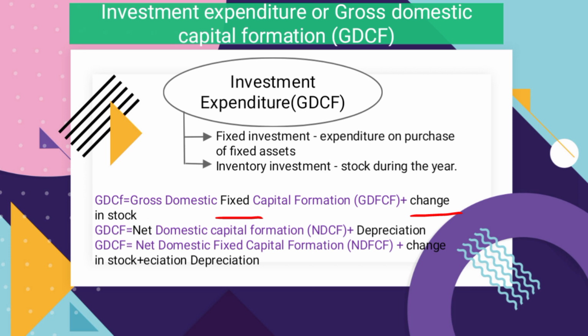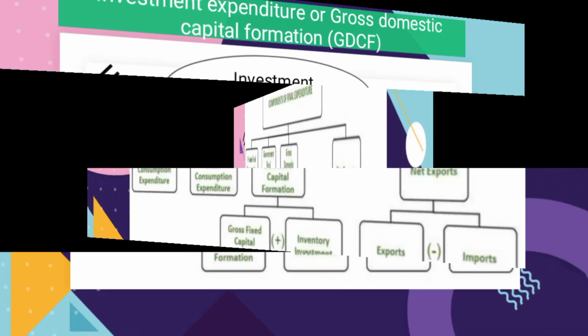And if it is written NDCF, net domestic capital formation, then we have to add up depreciation to get GDCF. Next, if it is written net domestic fixed capital formation, then we have to add both change in stock and depreciation.